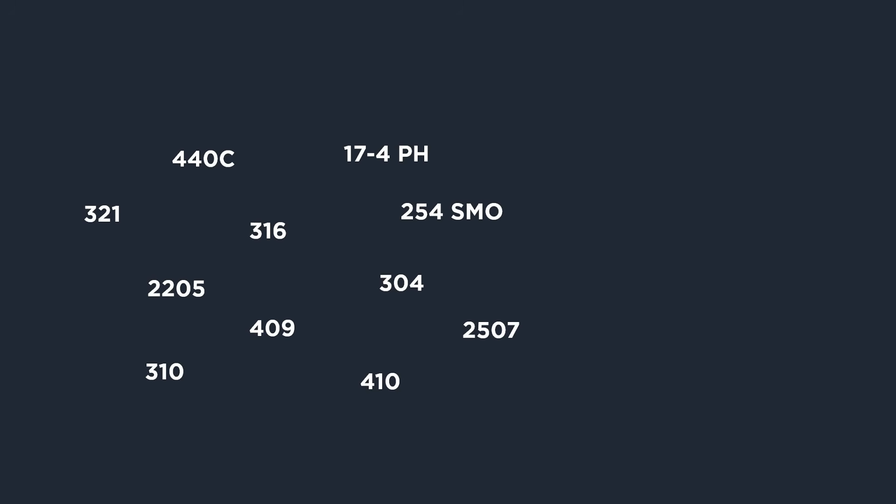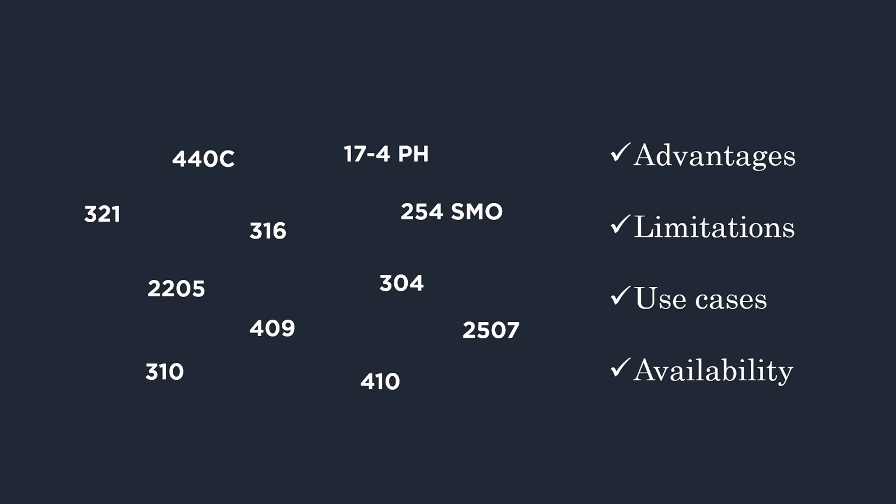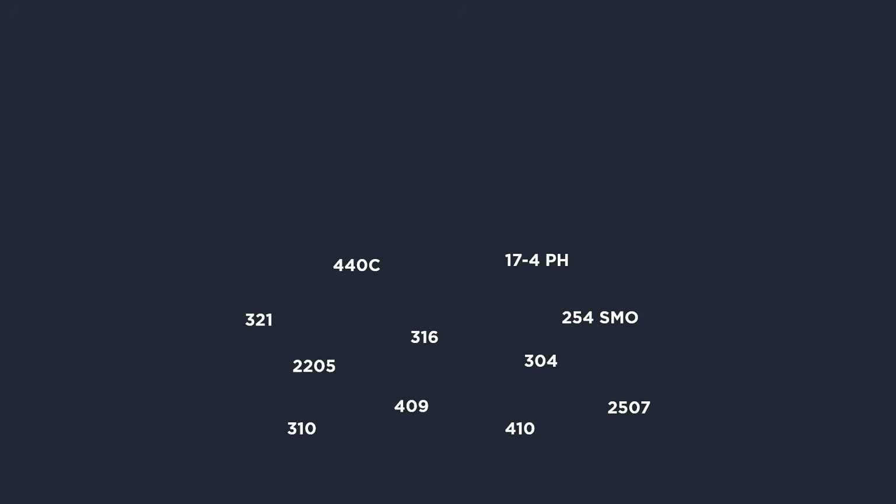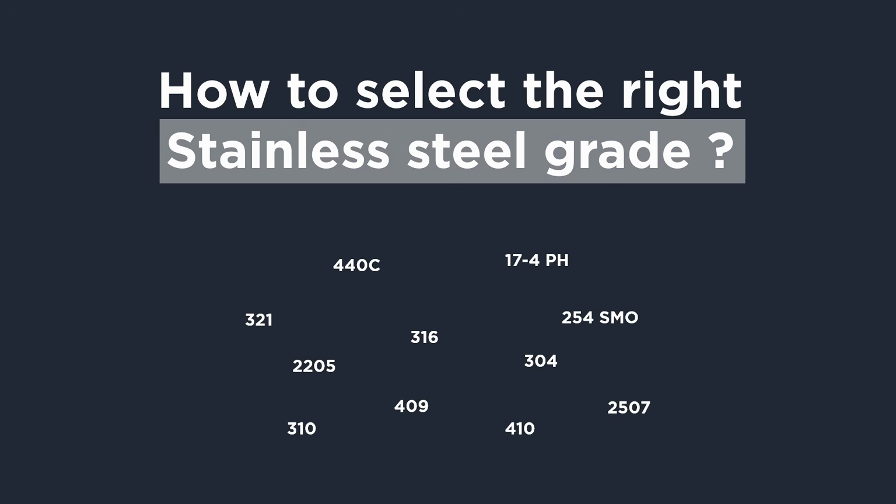So, as a mechanical engineer, to select the right stainless steel grade, we must understand all the different stainless steel grades, their advantages, limitations, use cases, and availability. And this is what we are going to learn in this video: how to select the right stainless steel grade.